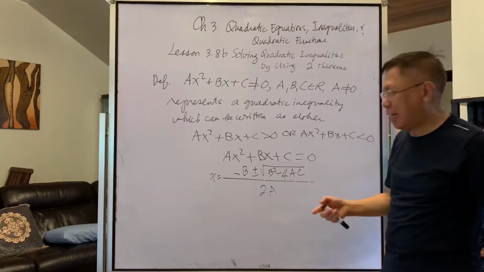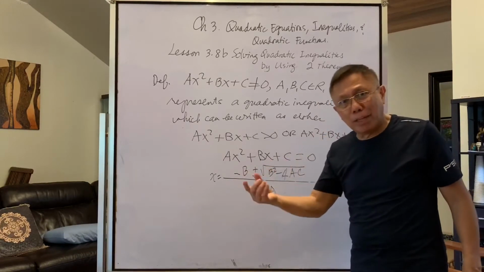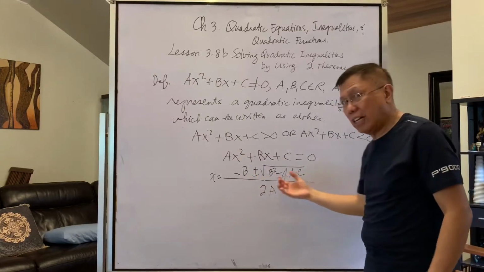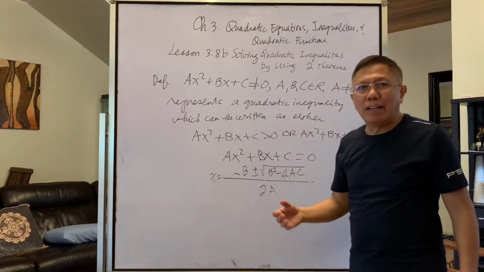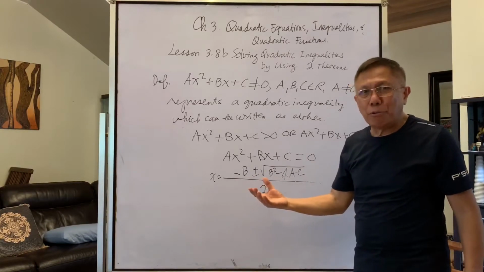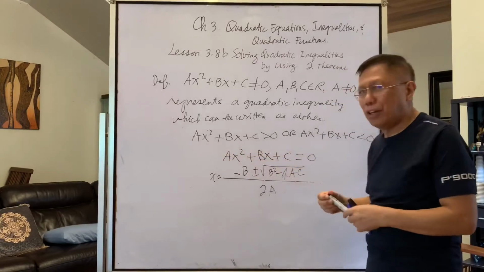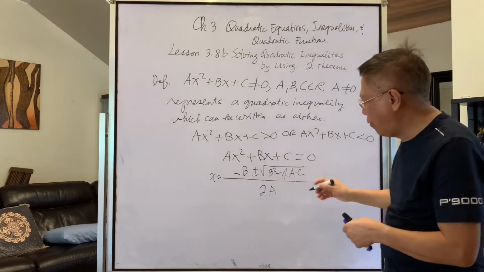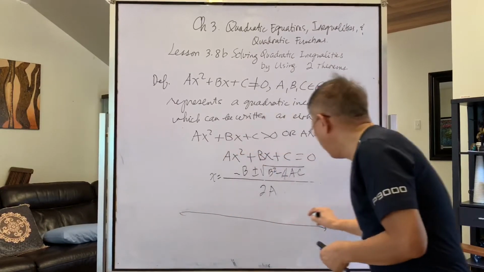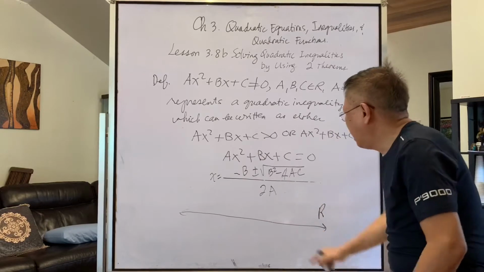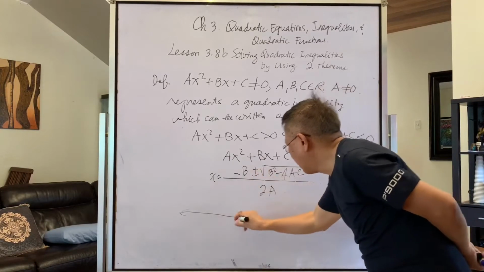Remember, our roots are either real and equal, real and unequal, or imaginary. We can only visualize the solution to this equation on the number line if the roots are real. Okay? So if this is the number line, I can have these roots graphed on the number line.